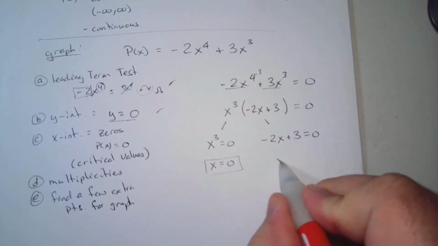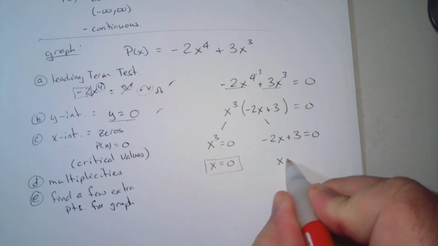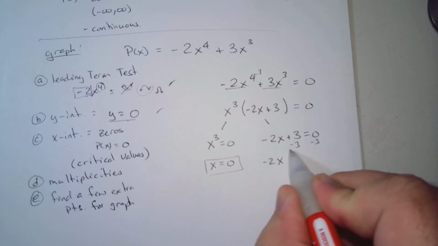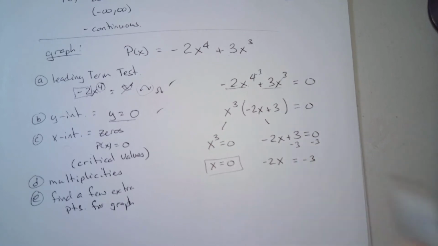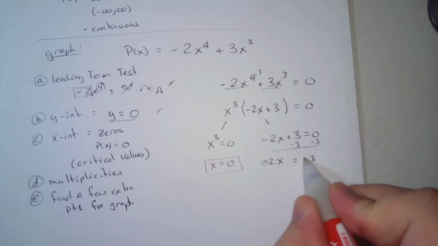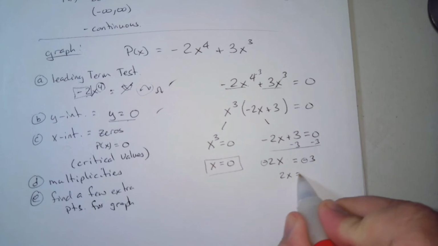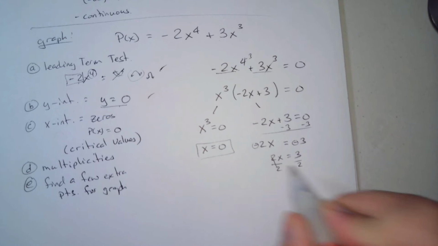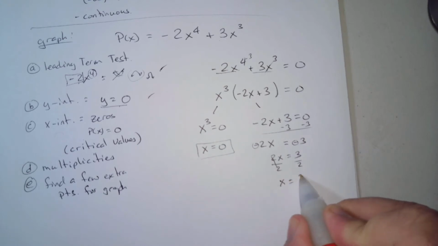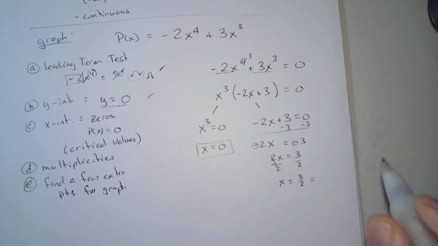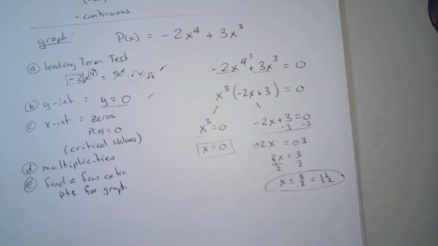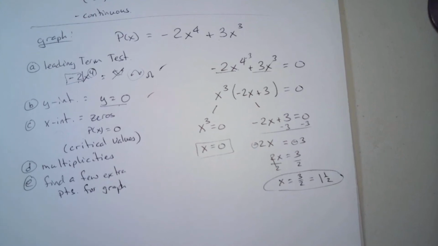Now this one, we subtract 3 from both sides. First, change the signs. So we have 2x equals 3 and divide by 2. Three over 2, which is the same thing as 1 and 1/2.